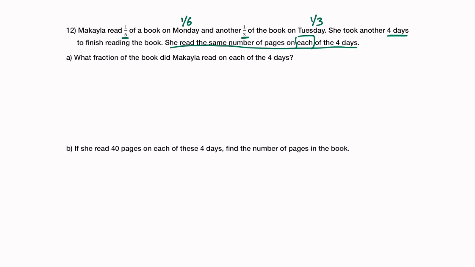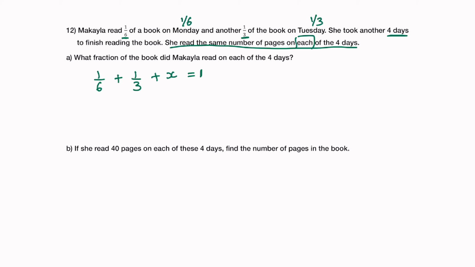What fraction of the book did Makalia read on each of the 4 days? So on each of the 4 days, how much is she reading? The addition of all the fractions on all the days should lead to 1, right? So on Monday, we have 1/6, and then on Tuesday, we have 1/3, and then something on the rest of the days, and that has to equal 1.